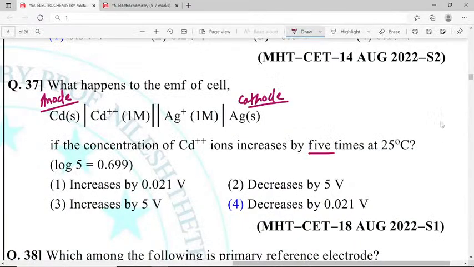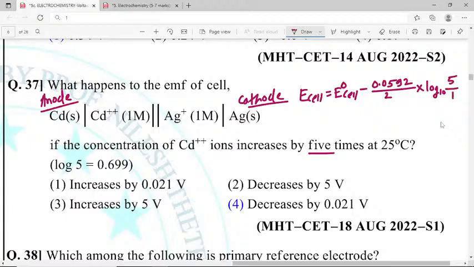So E cell is equal to E naught cell minus 0.0592 divided by the number of electrons, which is 2, multiplied by log to the base 10 of the concentration of the product, increased by 5 times, divided by 1. Log 5 is 0.693. Since the concentration increases, the EMF decreases. Dividing 0.0592 by 2 gives 0.0296, multiplied by log 5, which is 0.6990.